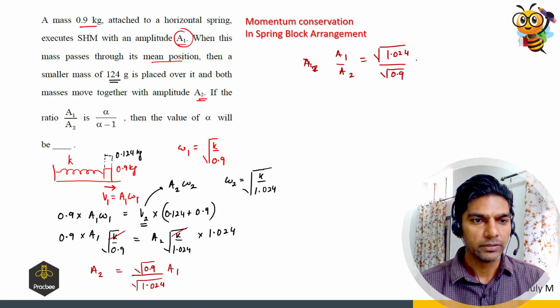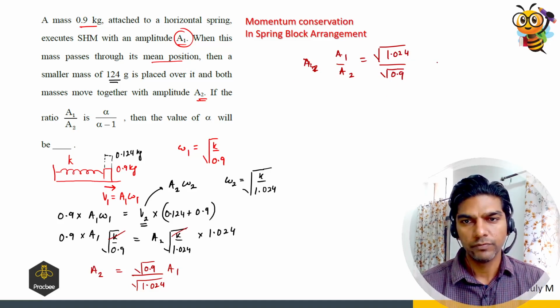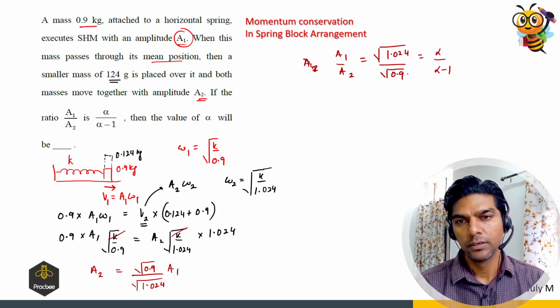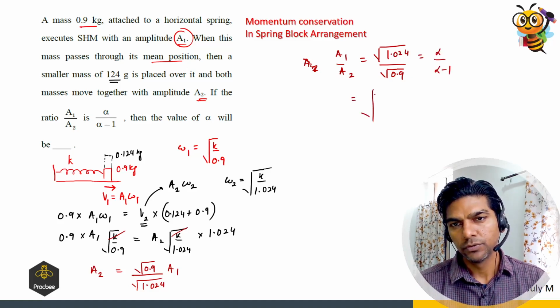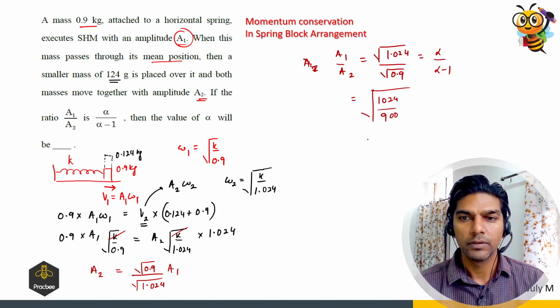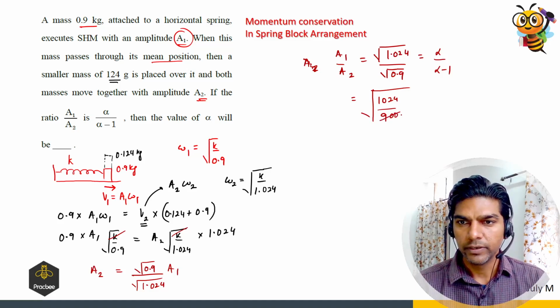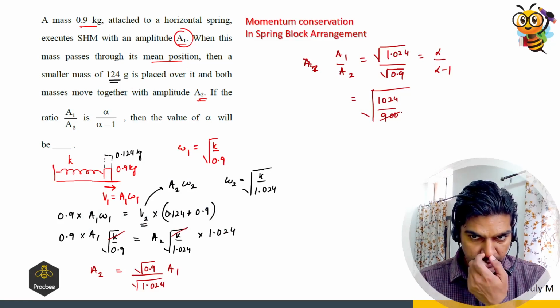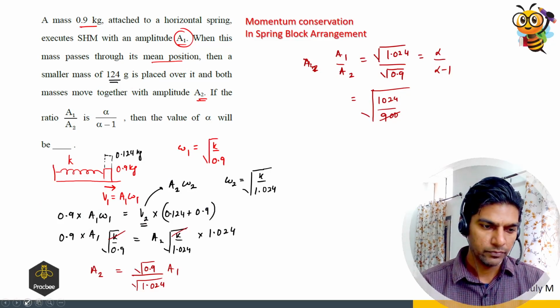Now let us simplify this, and we are given that it is alpha upon alpha minus 1. So it will be root of 1024 divided by 900.